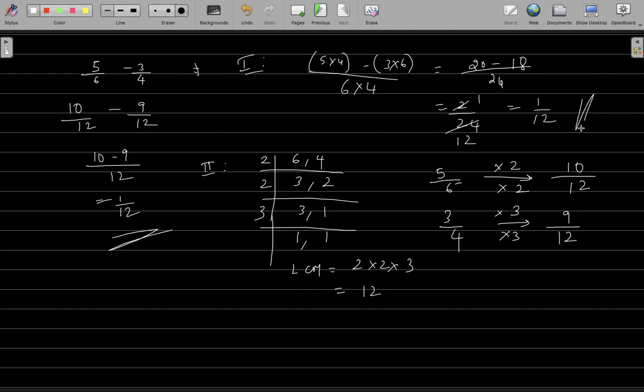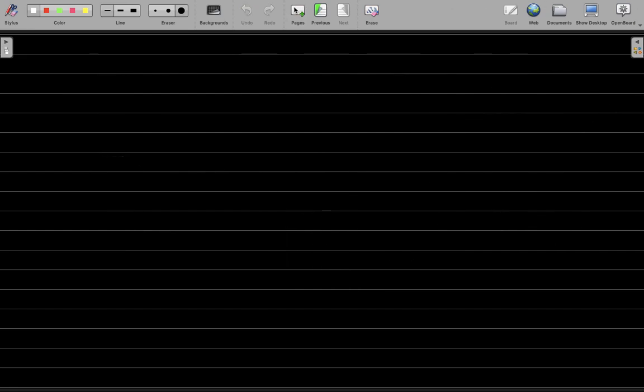It's quite easy. Let us also look at how to subtract fractions when there are more than two terms. Like say, for example, I have 29 by 8 minus 1 by 8 minus say 2 by 8. How are we going to do this?